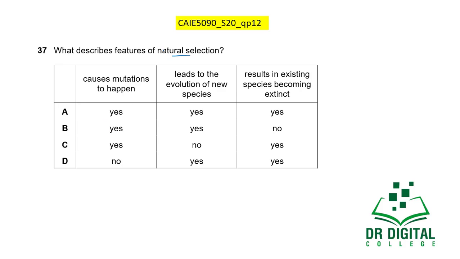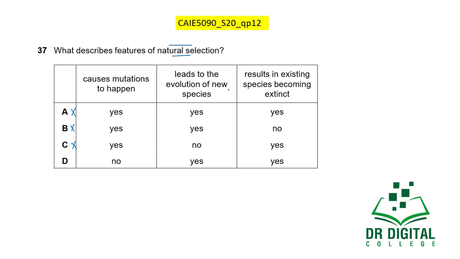It means that for the process of natural selection there can be mutations, but natural selection will not cause the occurrence of mutation. So options A, B and C are all wrong. Mutations are not caused by natural selection, but mutation will cause natural selection. That is true, if you look at it the reverse way.